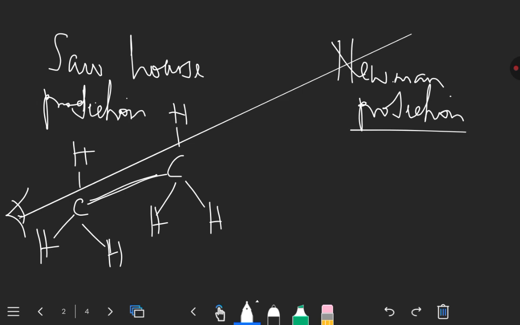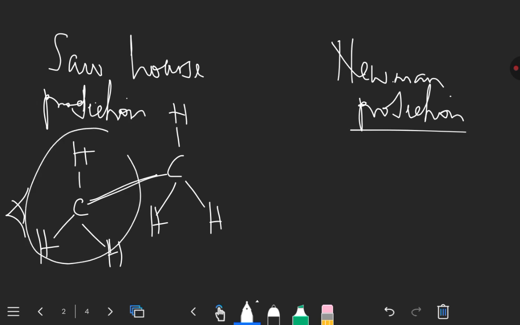So this is what is going to happen. This group will be in front, and because it is in front, I'll denote it with just a dot like that. So this entire group will be in front, so I can denote it with a dot.